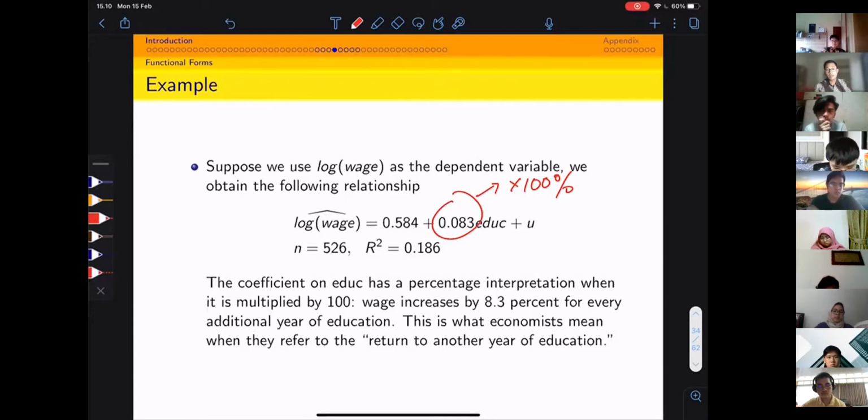This 8.3% is what we economists call the return to another year of education, or simply put, the return to education or the return to schooling. For example, you do your investment, you put some amount of money now in the stock market, and at the end of the year you get a return of 20%.